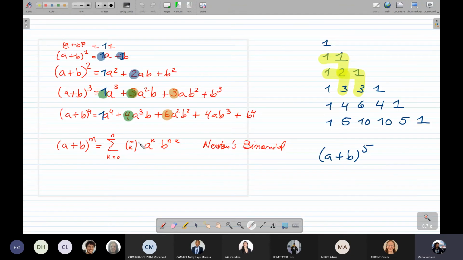This thing here with a equals p and b equals 1 minus p. Is it clear?